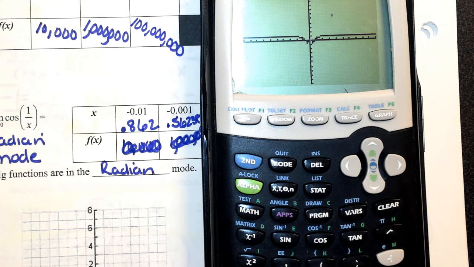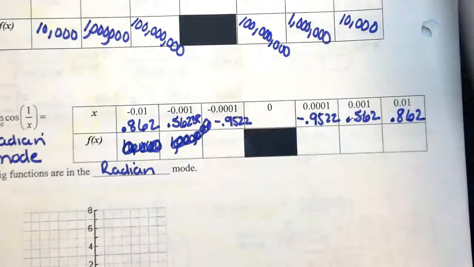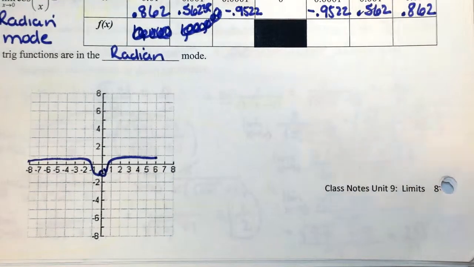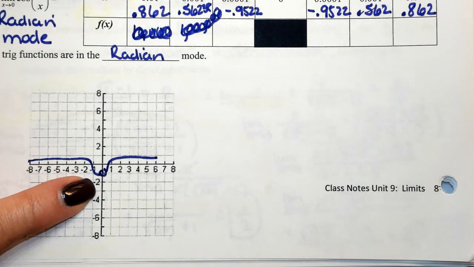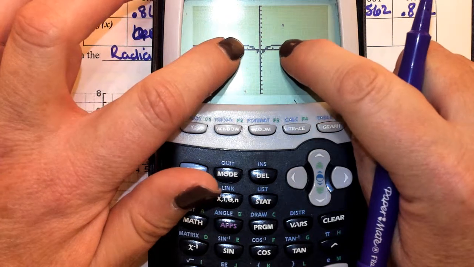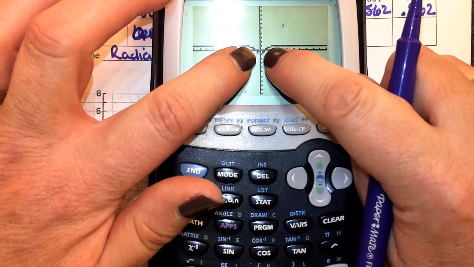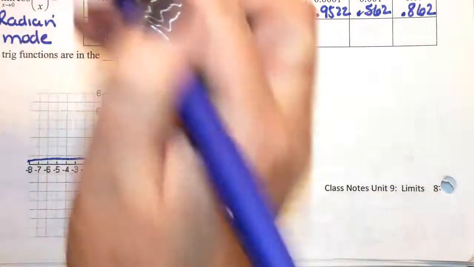It looks something like this. If I sketch this graph, this is what it's going to look like. As I'm getting closer and closer to 0 from both the left and the right, and you can see this on the calculator, notice I'm approaching that y value of negative 1.